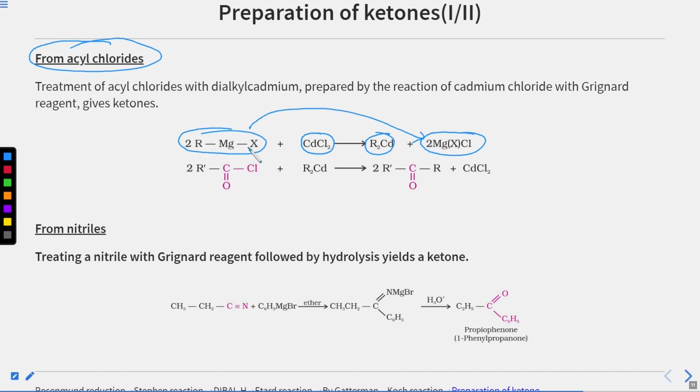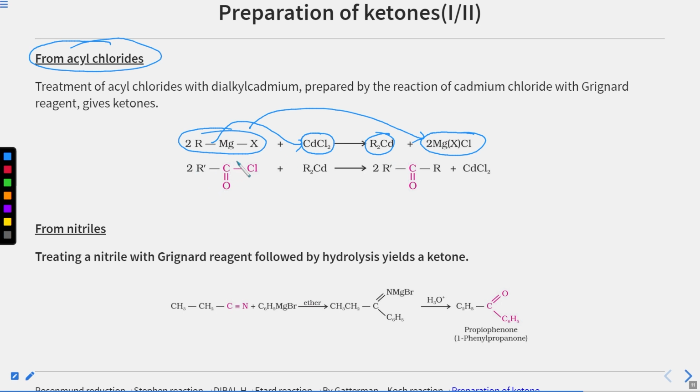Here RMgX is donating its alkyl group to this Cd and releasing 1 Cl. Again the second mole of RMgX comes, and it is again donating its R to this Cd, and we get R2Cd plus MgXCl. Okay, so this is the first step.